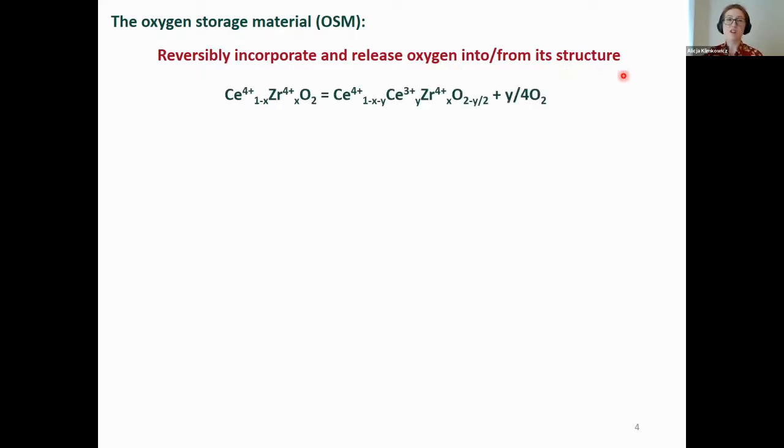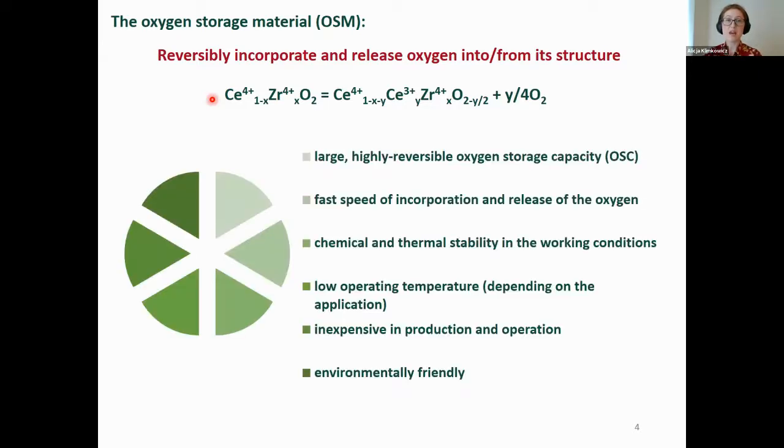Also, this reaction is correlated with the change of oxidation state of at least one of the elements. Here you can see the mixed oxide ceria zirconia, in which cerium changes its oxidation state from +4 into a +4/+3 mixture and releases an appropriate amount of oxygen. This redox reaction is very characteristic for an oxygen storage material.